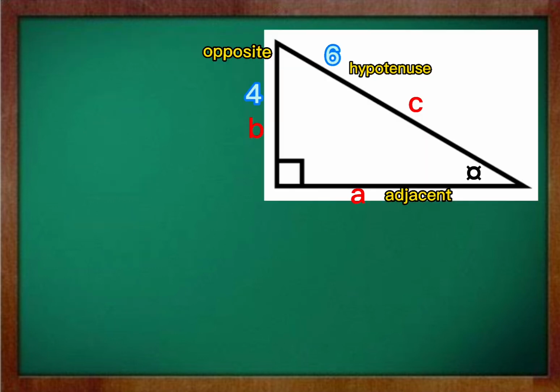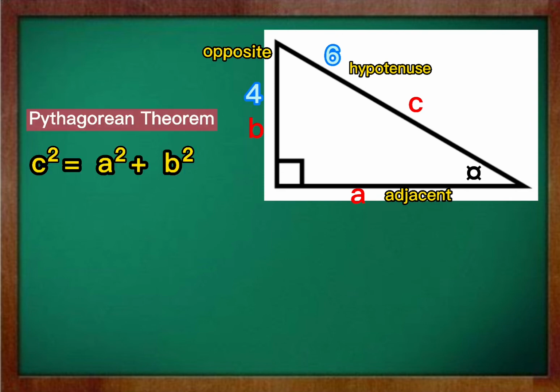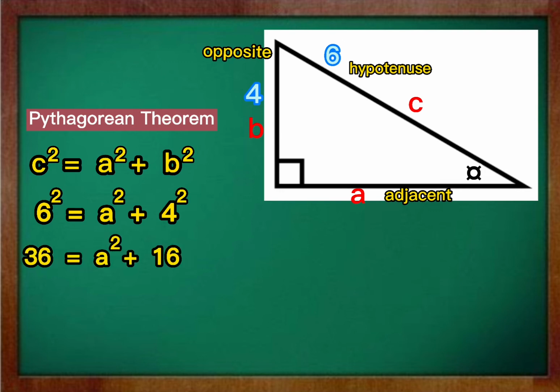Next example, how about when the hypotenuse is given, which is 6, and the opposite of theta is 4. So substitute to the Pythagorean Theorem, c squared equals a squared plus b squared. That's c squared equals a squared plus 4 squared. The square of 6 is 36, equals a squared plus the square of 4, that's 16.